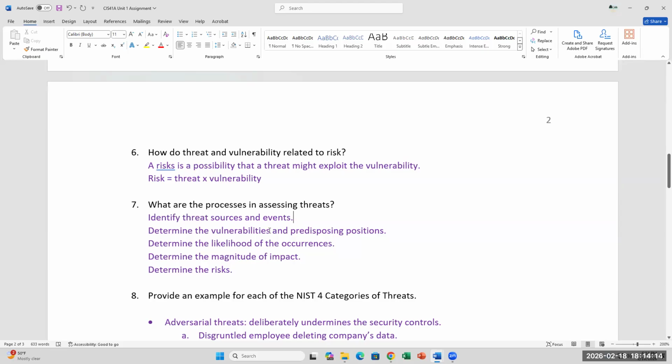You need to do a vulnerability assessment. You can use things like Nmap. Nmap usually gives you an overview picture. There are other tools that you can use for servers. So vulnerabilities and the positions of those vulnerabilities. And then we would look at the likelihood of the occurrences. So how can I tell?